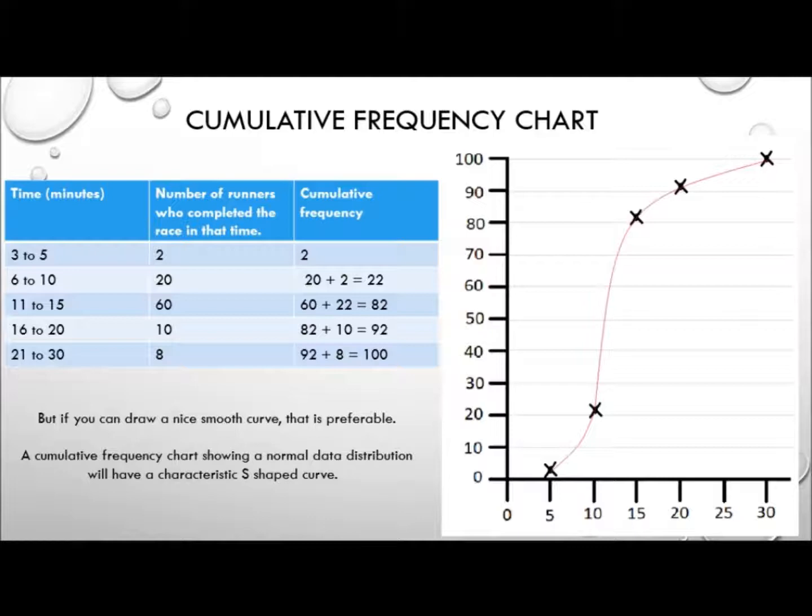Not all charts will show it, but the vast majority will. So much so that if you're asked to draw a cumulative frequency chart on your exam and you don't see that characteristic S-shaped curve, it might not hurt you to just quickly double check that you've plotted your points in the right positions.